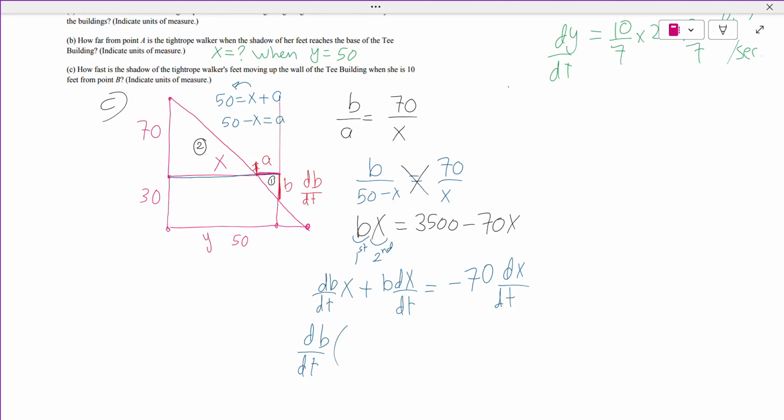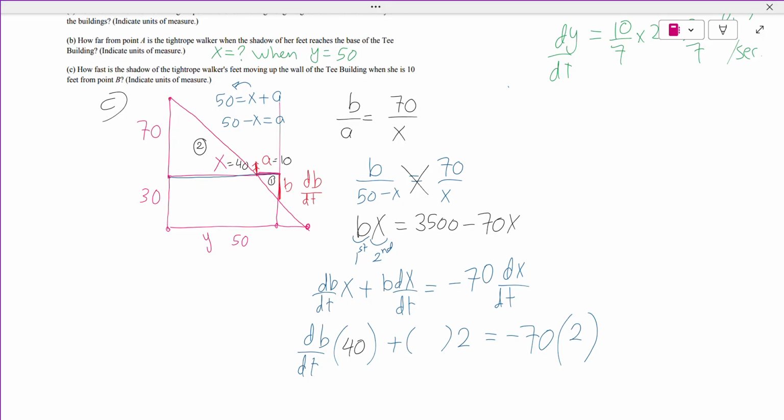When A is equal to 10, x will be 50 minus 10, which is 40. So times 40, right? Plus, we don't know what B is, right? But we know that dx over dt is equal to 2, equals minus 70 times dx over dt, it's given, it's equal to 2. Now everything is there except B.